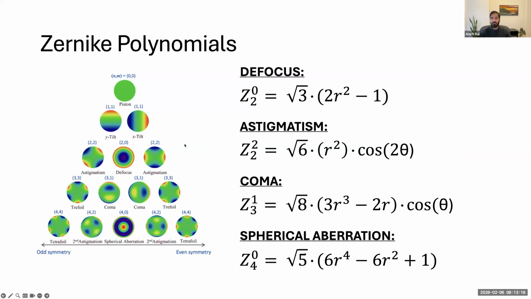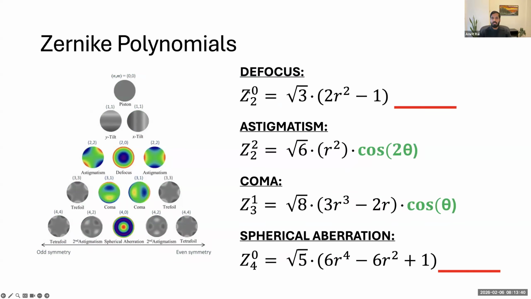Now, again, I said that we wouldn't get into the math, but we do need to look at it briefly to see what's happening. And I'll simplify it to only the parts that we absolutely need. All of these Zernike modes have mathematical equations that describe them, but we'll focus on these primary 4: defocus, astigmatism, coma, and spherical aberration.